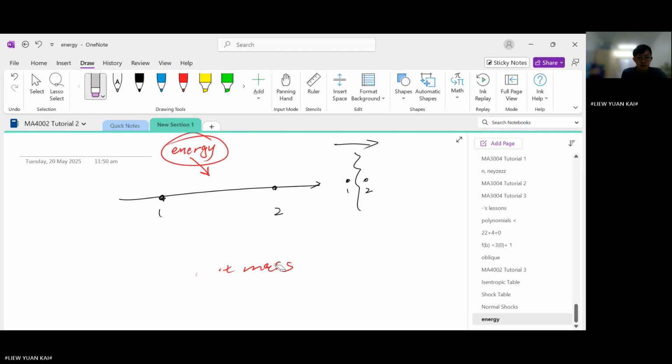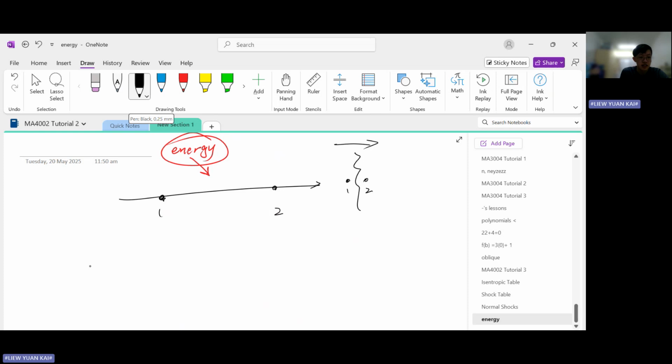Now, because we inject energy into the flow, the energy at 2 is different from the energy at 1. In this case, since we're injecting energy, the energy at 2 is higher than the energy at 1.